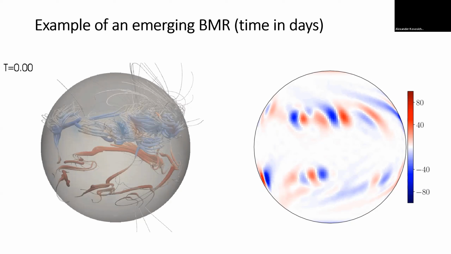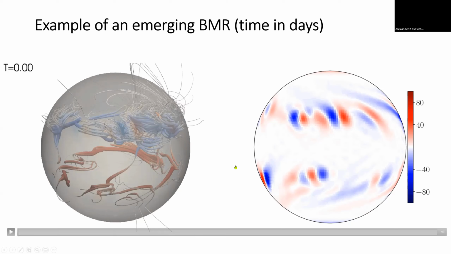The strength and the size of the upflows correspond to the size of the active regions that we see emerging on the surface of the Sun. And the distribution in latitude and longitude was also taken from observations of sunspot regions.